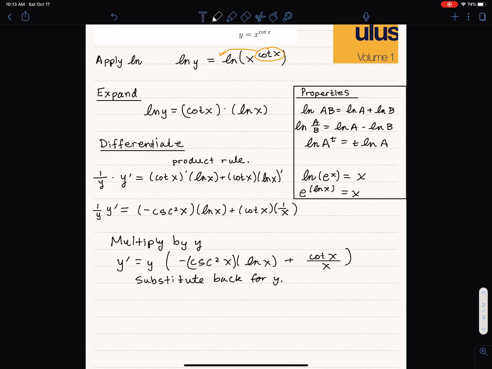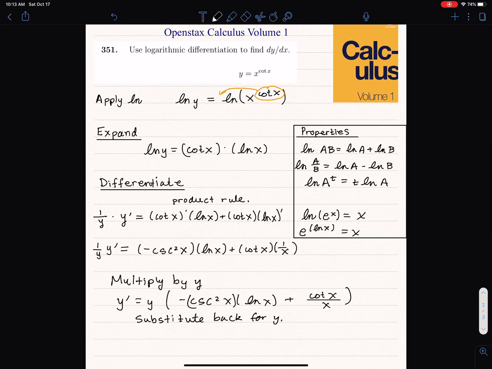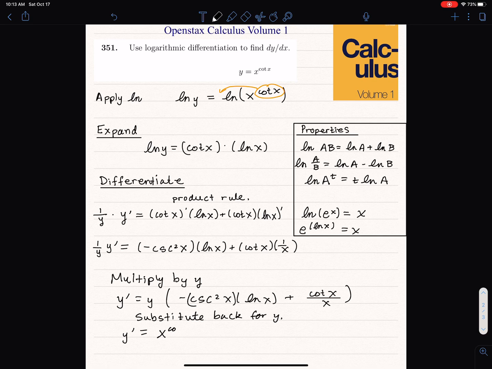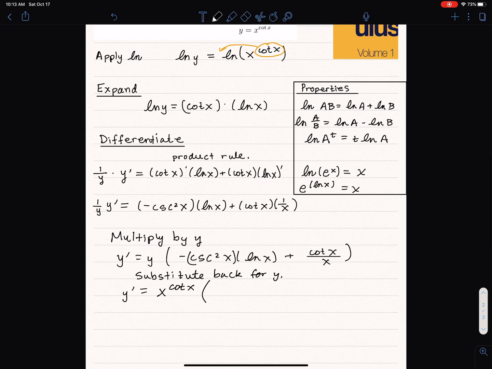Well, what do I mean by that? In our original, above here, we see y is equal to x^cotangent x. So I'm going to fill that back in there: x raised to the cotangent x power. That was our original problem of what y equals. And that really finishes everything off on that.